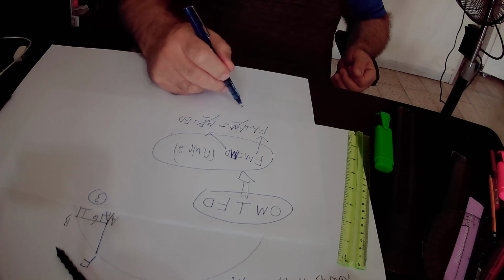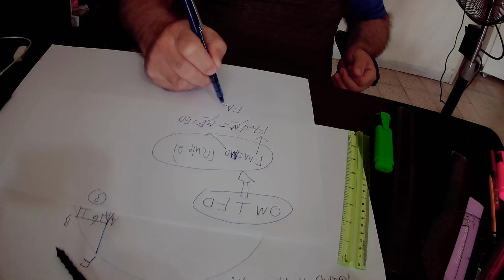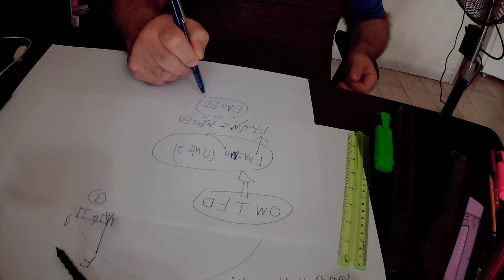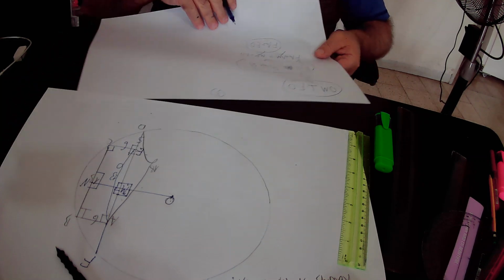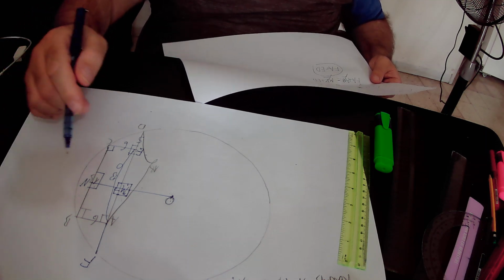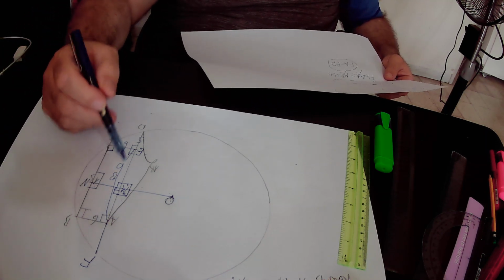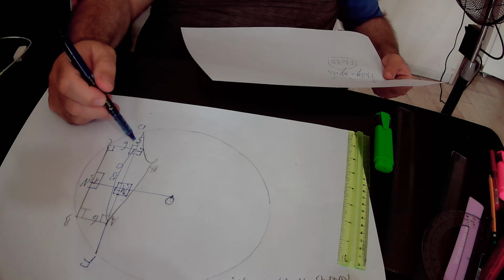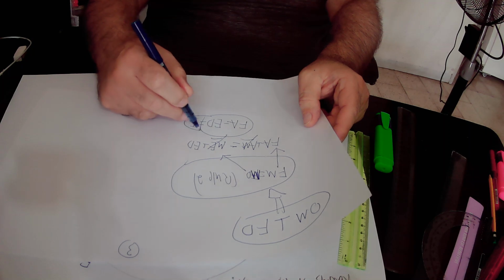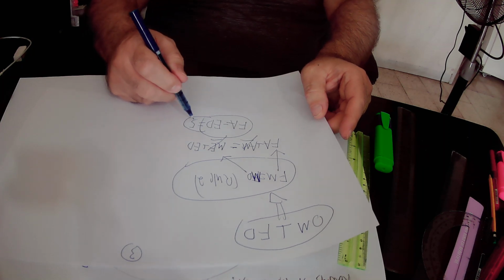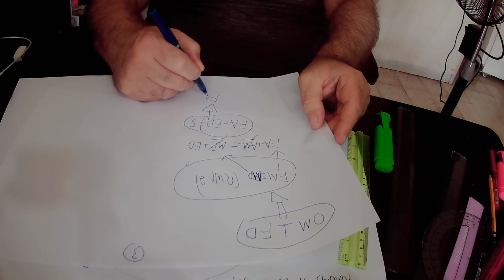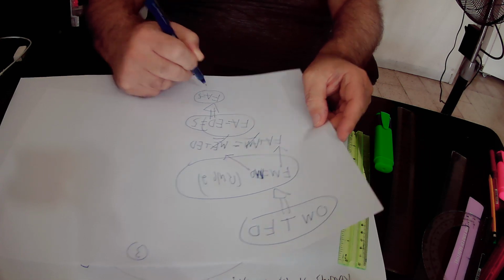And we are left only with FA equals ED. But we have already found out that ED equals 5 units. So from this equation FA equals ED equals 5, we derive that FA equals 5 units.